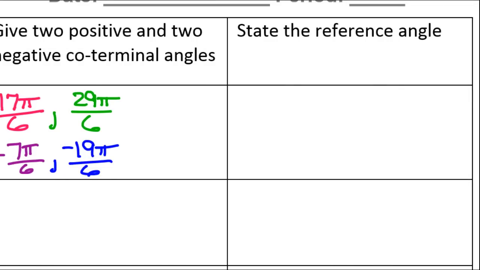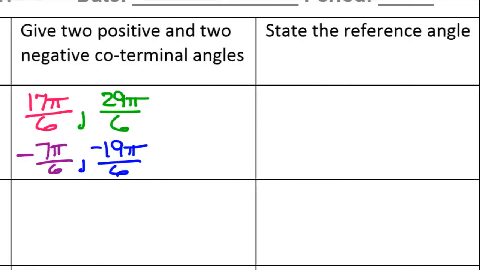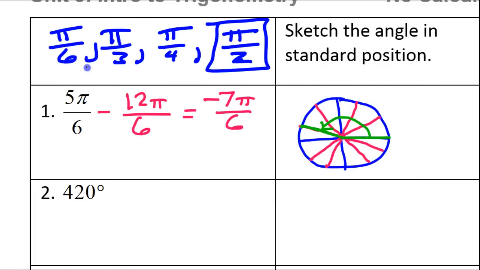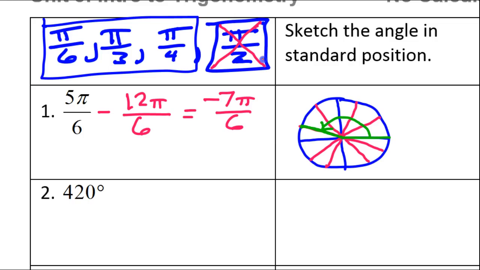Now we need to state the reference angle. Well, when it's one of these special angles, this doesn't really apply to pi over 2, because pi over 2 means you're right on the axis, and when you're right on the axis there are no reference angles.